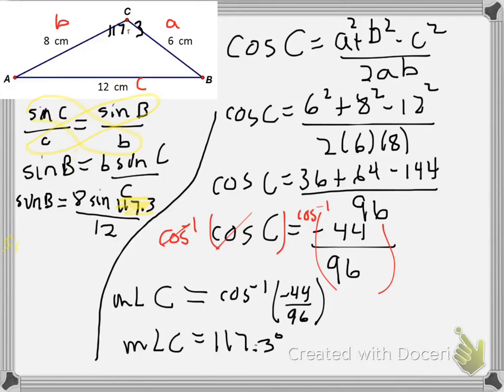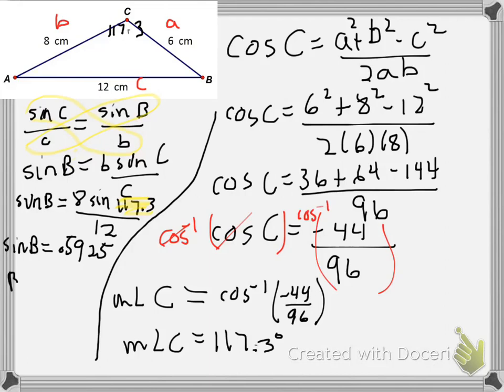So I'm going to get sine B, and I'm going to type these things in. So I get 0.5925. And again, I keep all the decimals in, but I'm going to write that because I'm showing my work. I'm going to take the arc sine of that.